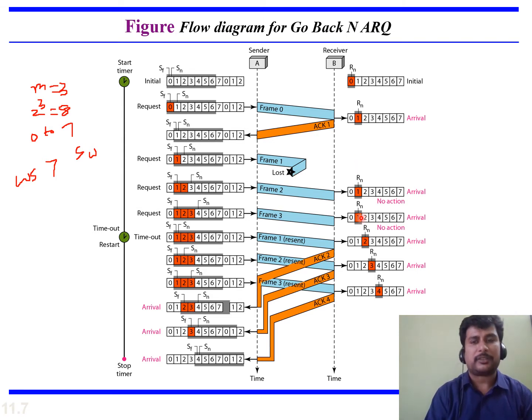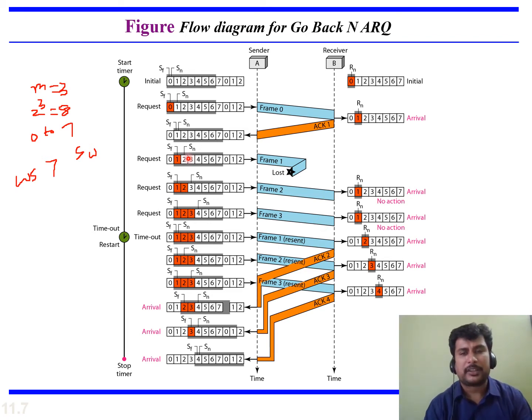In the receiver, the window size is 1, and the next frame expected is frame 1. So though frames 2 and 3 are successfully received, it will not accept them because the RN value is 1. So you will not get an acknowledgement for frames 2 and 3, because the receiver is not accepting them.